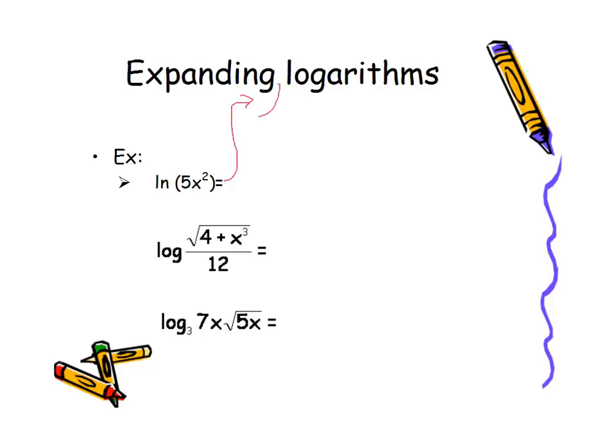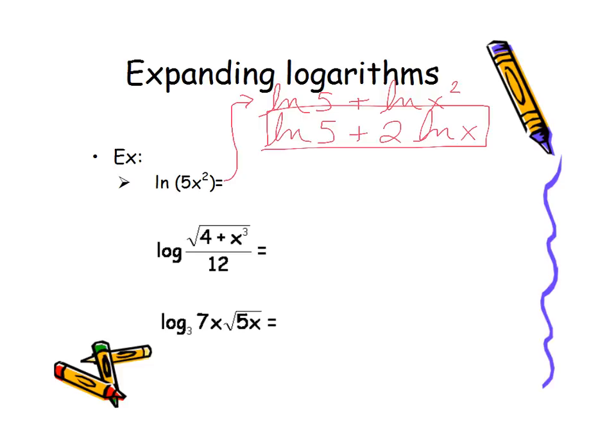I'm going to separate that into the sum of two separate logs. So I'm going to add, and it's going to look like this. But then I also have this squared, this power, that can be pulled out in front, but only in front of this first one, because that's the only thing that's getting squared. So the final answer on that one would look like this. Just expanding that logarithm.